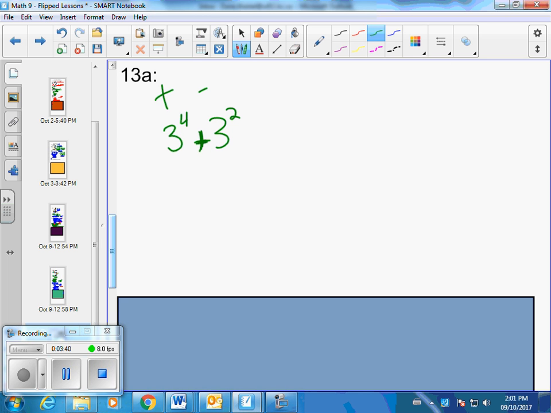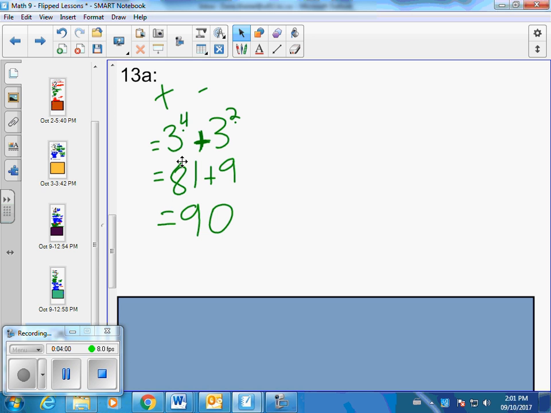Remember, adding. No shortcuts for exponents. So we simply have to solve it. So what we get here is 81 plus 9. So our final answer is 90. Should be able to do 13 fairly simply on your own from there.